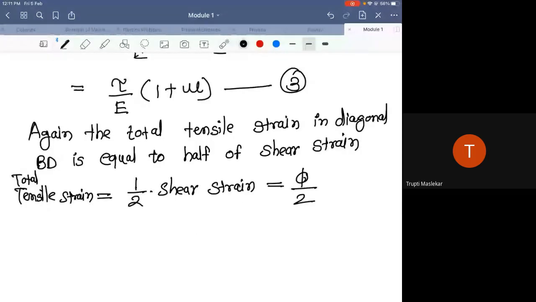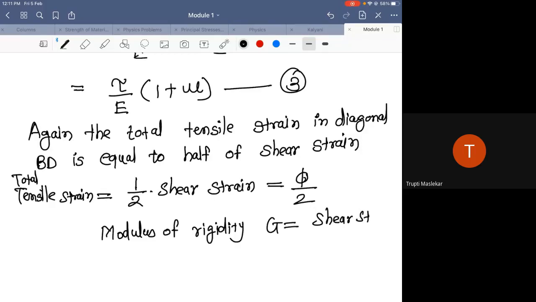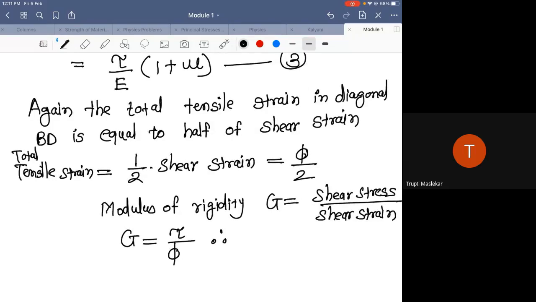And we know that here modulus of rigidity G is equal to shear stress divided by shear strain. That is G is equal to tau divided by phi. Correct. And therefore I can write phi is equal to tau divided by G.